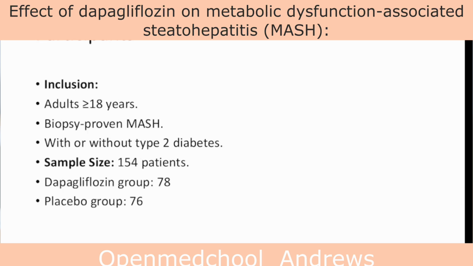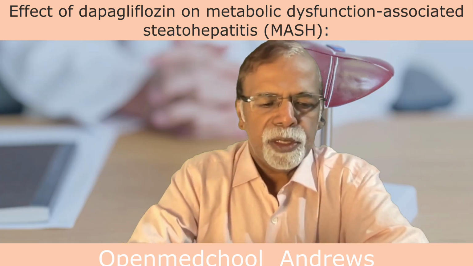The participants were adults above the age of 18 years, with proven MASH, with or without diabetes. There were 154 patients, 78 in the DAPA group and 76 in the placebo group. So that is about the study.